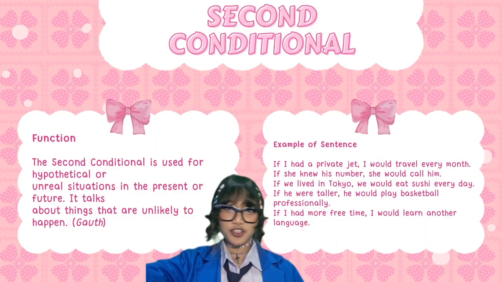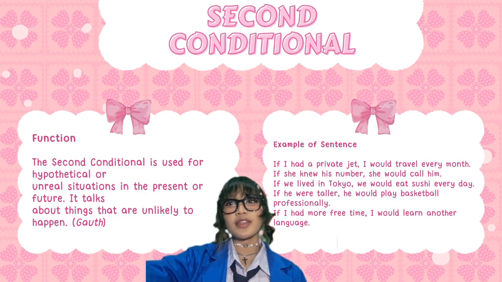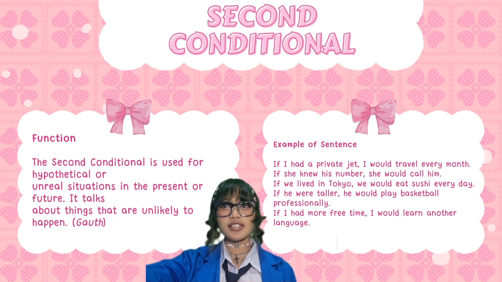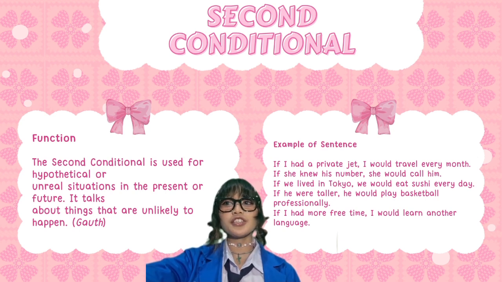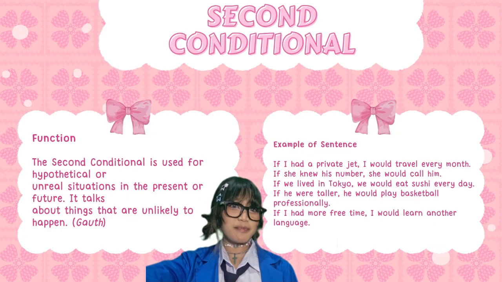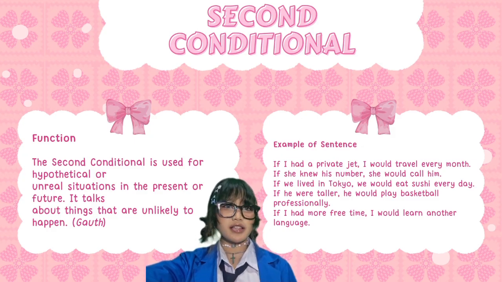Okay, then let's move to the second conditional. Let's talk about the function of the second conditional. It's used for hypothetical or unreal situations in the present or future. It talks about things that are unlikely to happen. And then we have the example sentences. First, if I had a private jet, I would travel every month.